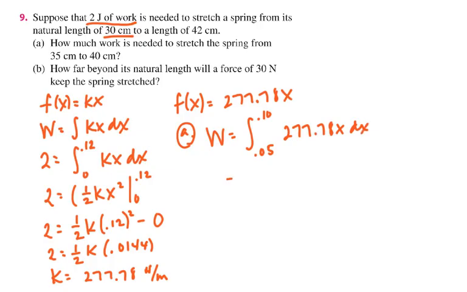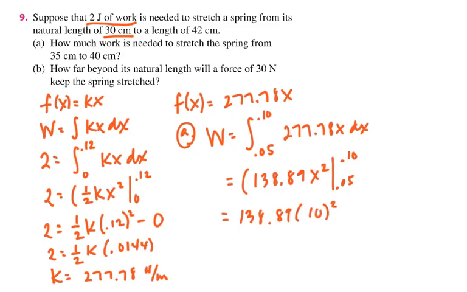So when we integrate this, we're going to divide by 2, so we have 138.89x squared from 0.05 to 0.10. So we have 138.89 times 0.10 squared.